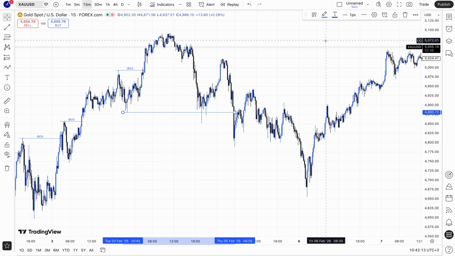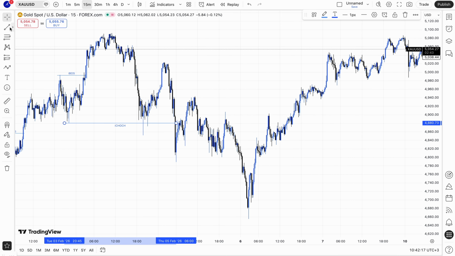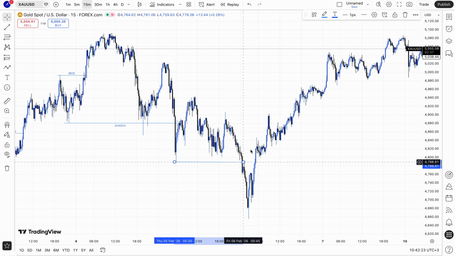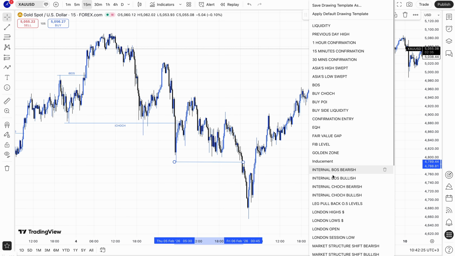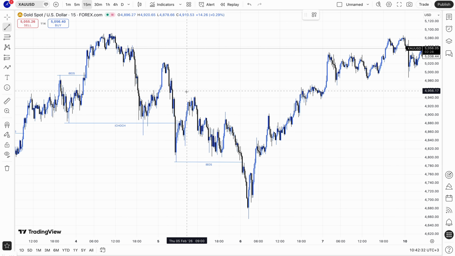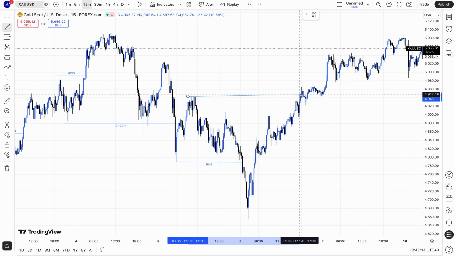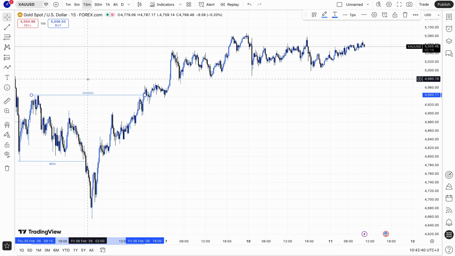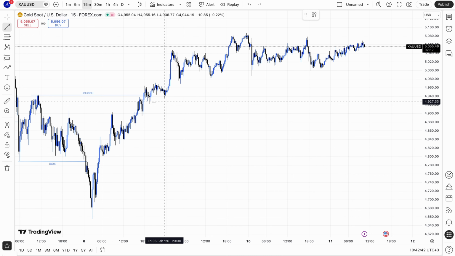Then change of character to the downside. Though external structure is moving up, an uptrend, but internal structure just shifted to the upside. Right, you can see it here.